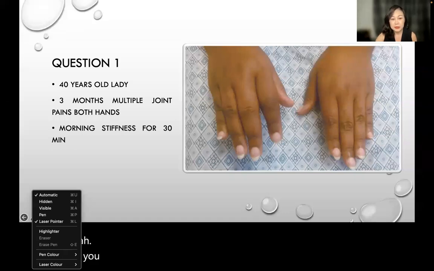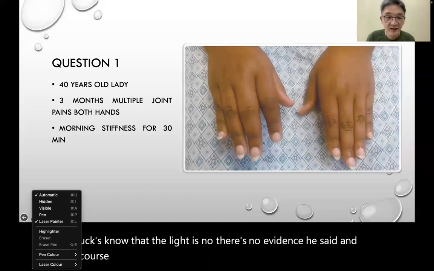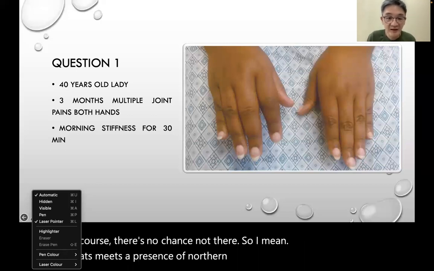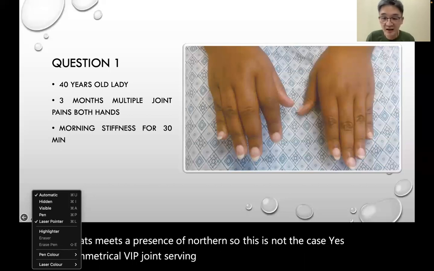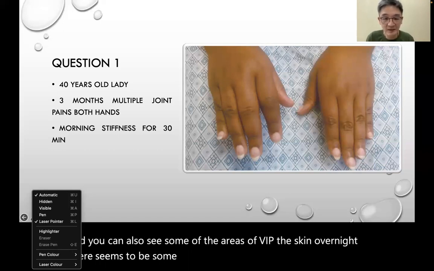Okay, anyone? Okay. No dactylitis. There's no evidence of dactylitis there, and of course there's no Bouchard's there. Bouchard's means presence of nodal osteoarthritis, so this is not the case. Yes, symmetrical PIP joint swelling, yes. And you can also see some of the areas of PIP, the skin overlying it, there seems to be some area of hyperpigmentation.